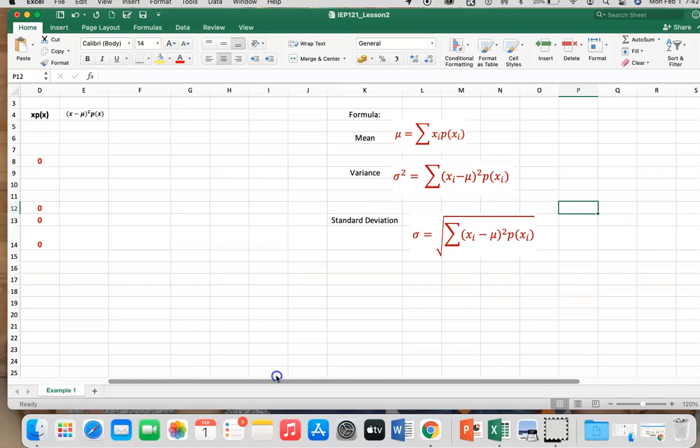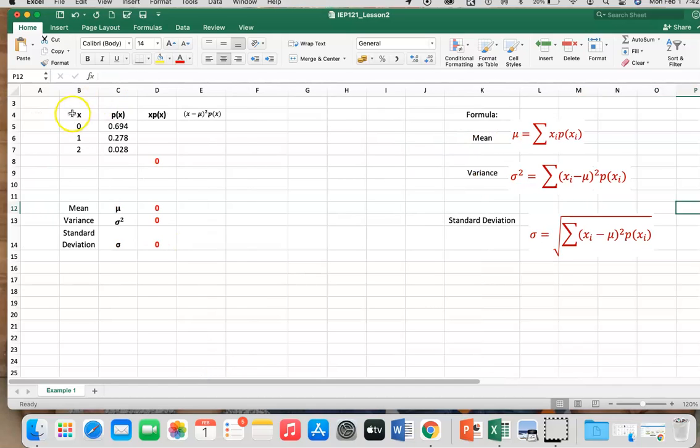Okay, going back to our previous probability distribution, this data here is from the previous example where a pair of dice is rolled and the variable x is equal to the number of outcomes that one turns up when the dice come to rest.